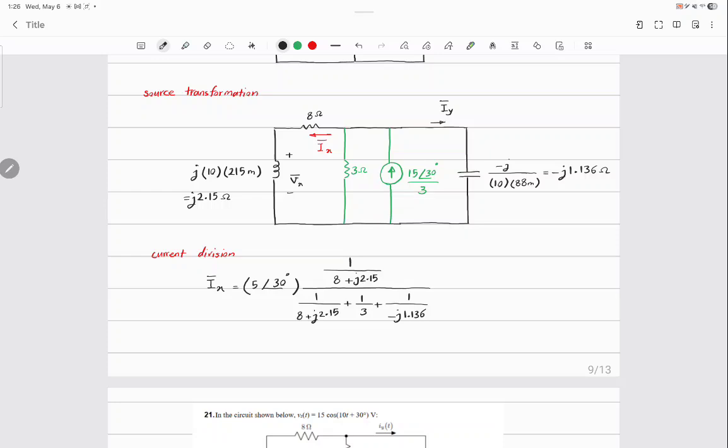I wrote it as 8 plus j 2.15. How else would you be able to combine them? You can't get 10. Absolutely not. One doesn't have j. You cannot combine the real and imaginary. But remember that the whole thing can be thought of as one complex number, one complex number that has real and imaginary parts.